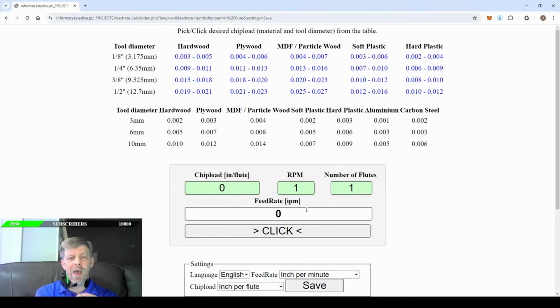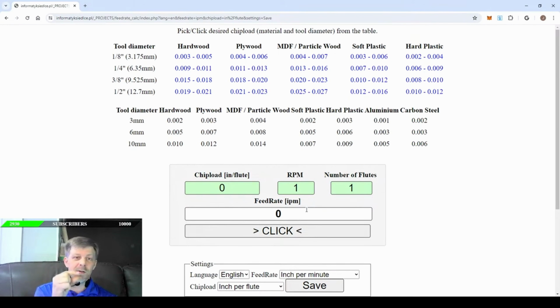So we have a variance, and that's what's important to know, is that chip load is a variance between the hardness of the material and the size of the chip that you need to cut out of that material in order for it to have good heat carrying capacity. Now, the lighter and softer the material, the larger the chip needs to be to have good heat carrying capacity because it's less dense.